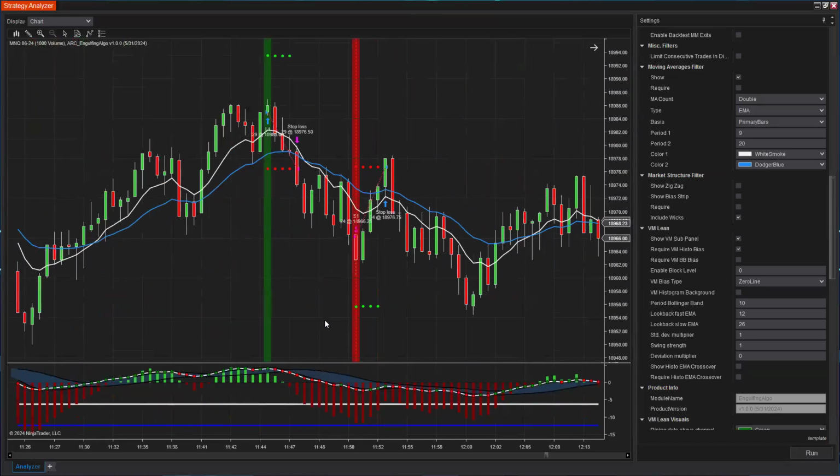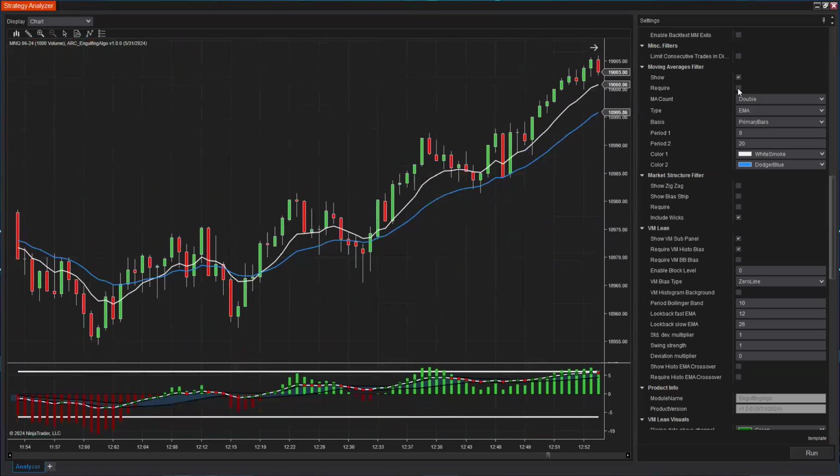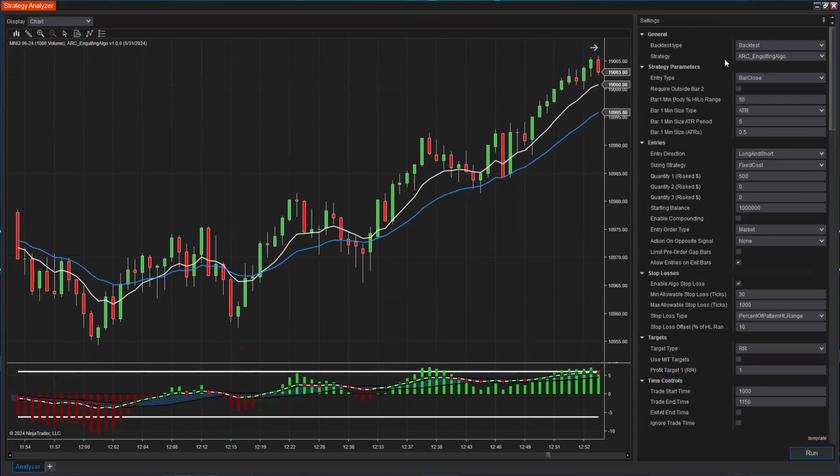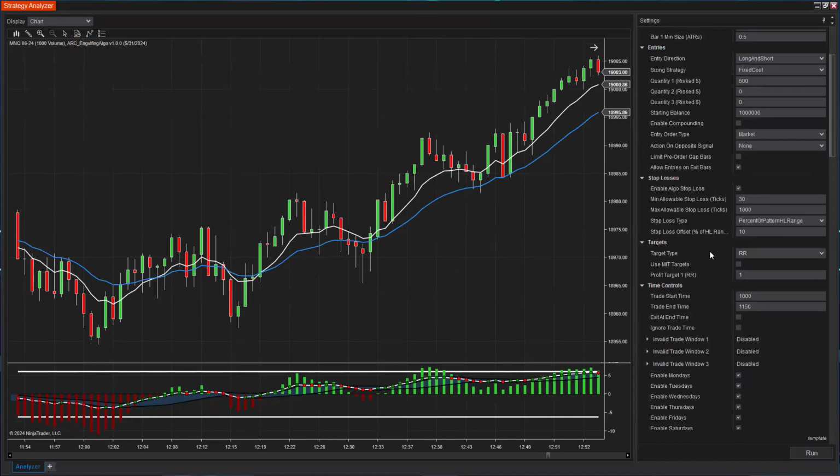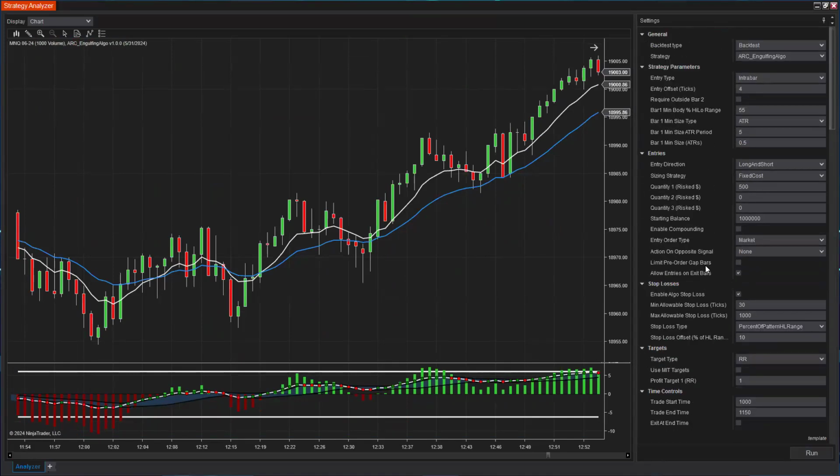Let's try something different here. Let's try doing intrabar with an entry offset of 4, but then doing a limit order and getting in. Let me see. Intrabar. Let's go offset 4.